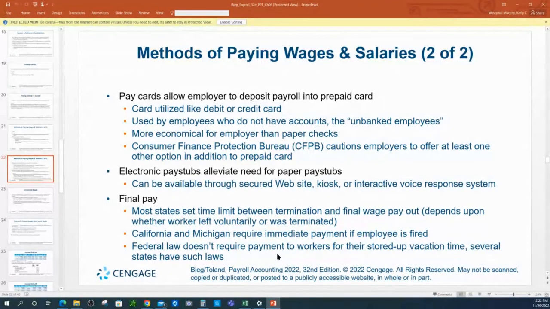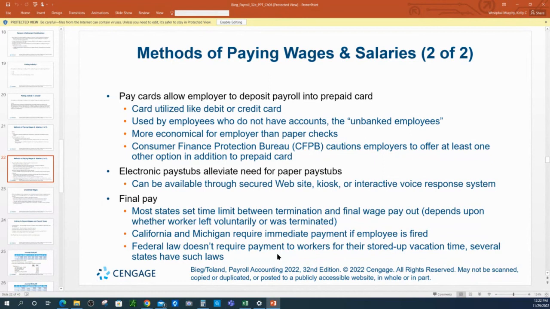Cash can be withdrawn at an ATM, but of course there are limitations on these cards. My understanding is a lot of the cards have monthly maintenance fees on them. Of course, a lot of bank accounts do too, so that's not necessarily exclusive to the cards.